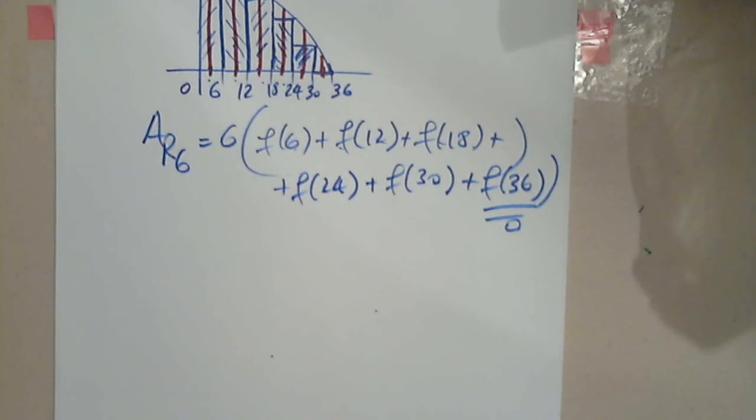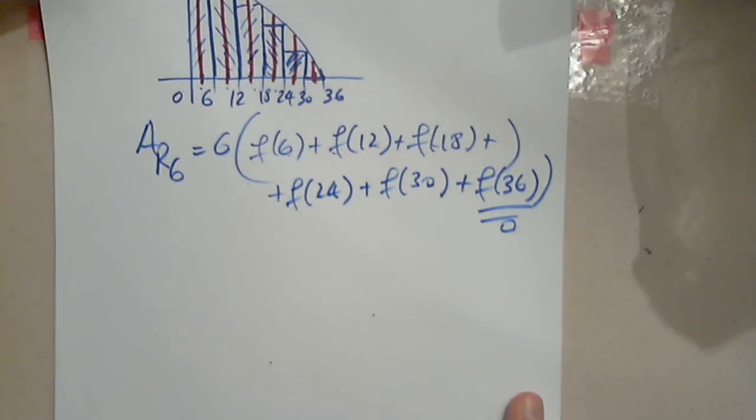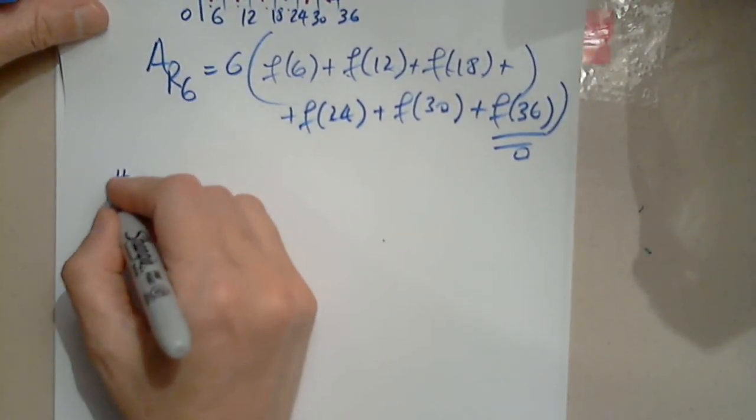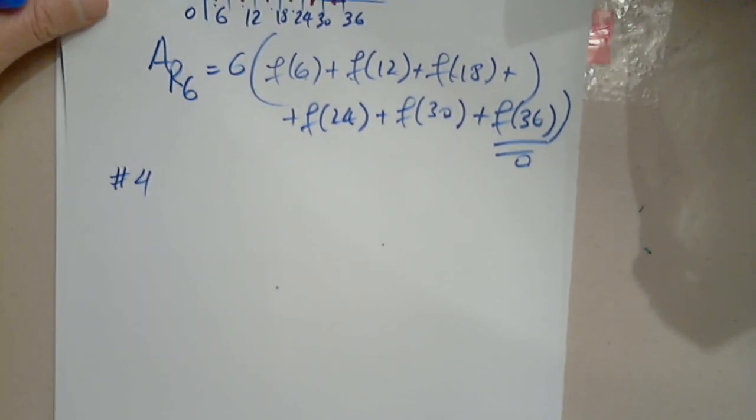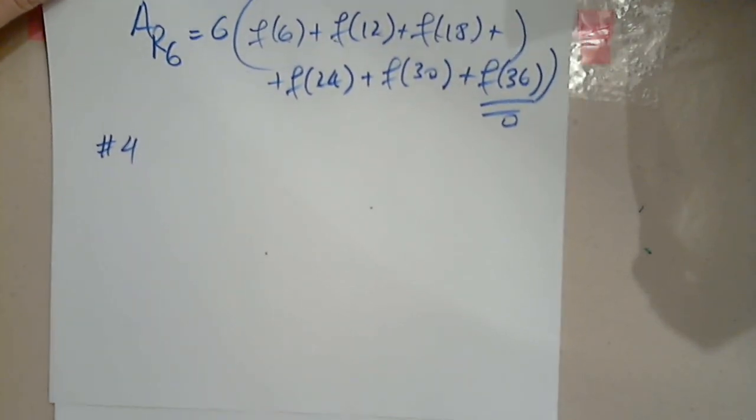It's all about the limit of the Riemann sum, and they want an approximation. Okay, let's look at problem 4. Can anyone give me your problem 4? Because I see one here, but I'd like to use one of yours.